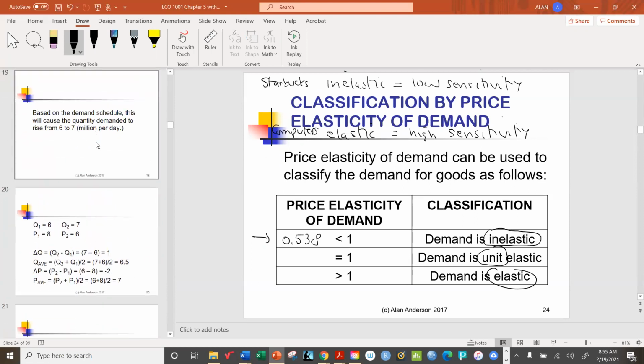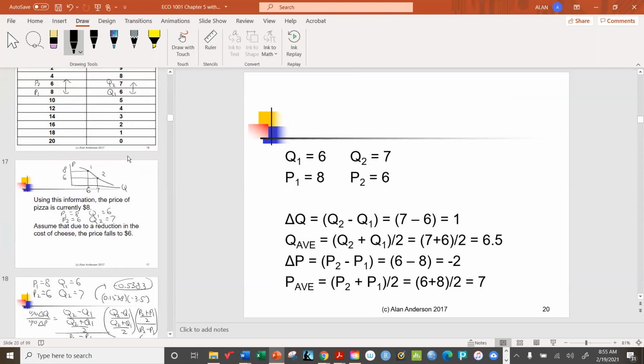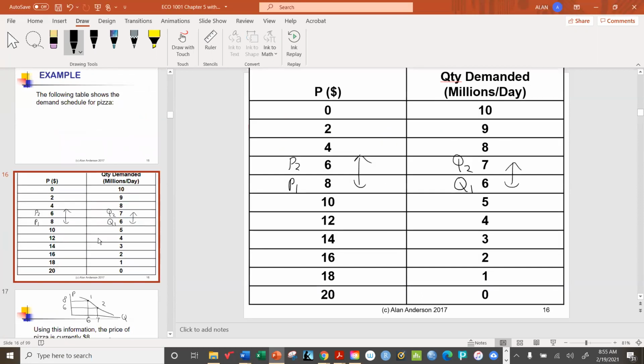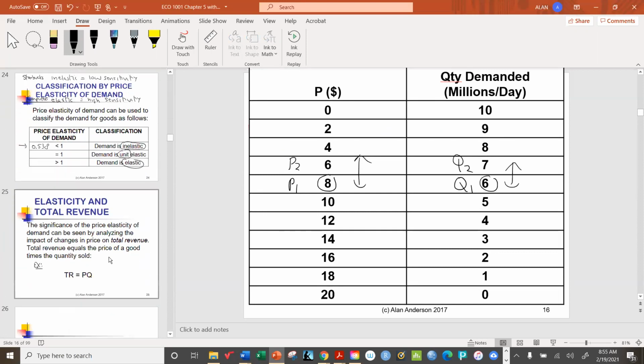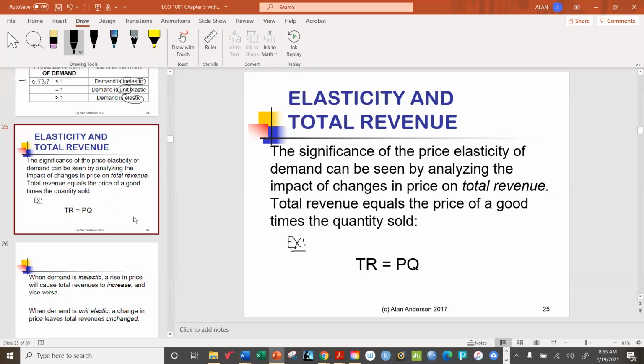When I reduce the price, all right, let's take this case. In this example we've been working on, when the price was 8, then people bought 6 million pizzas. So we can use this information to calculate their total revenue.